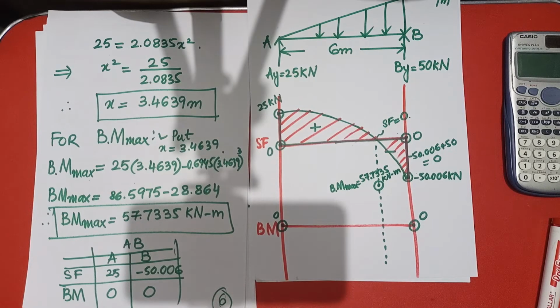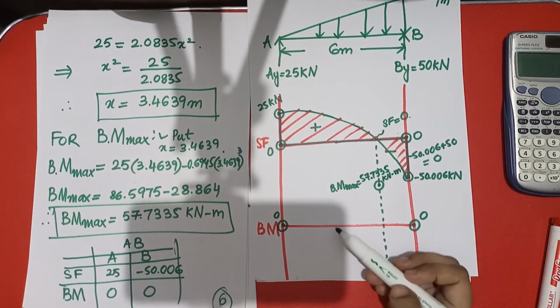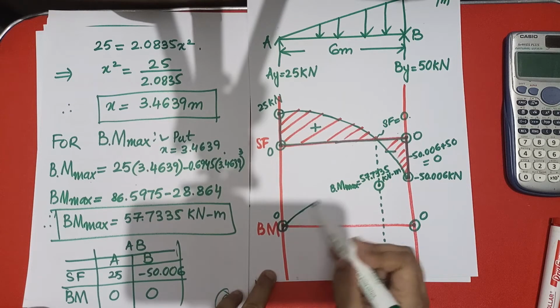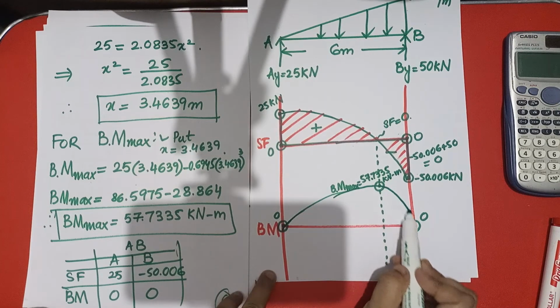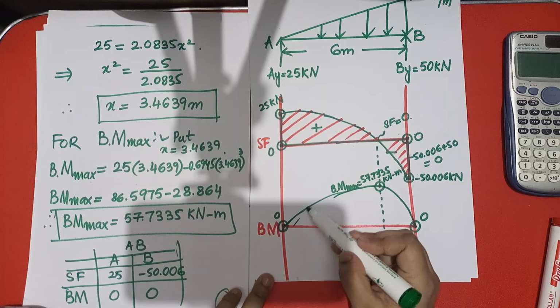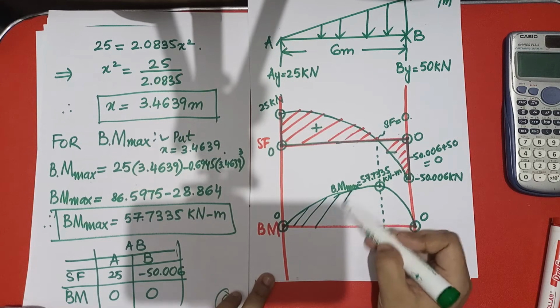It's done. So what does that mean? I have to make a curve over here for the bending moment diagram, and this curve will be like this. I have to make the pattern over here.